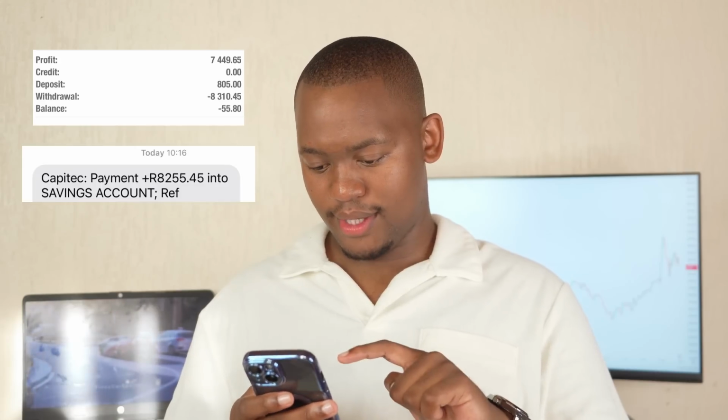I did promise to show you the withdrawals landing into my bank account. So the very first withdrawal landed on the same day, which was basically yesterday, on Monday. And as you guys can see, I received a payment of 8,255 rand and 45 cents into savings account.